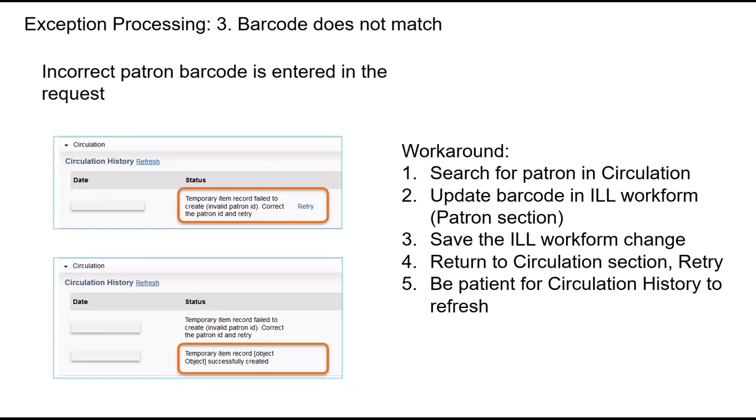If the patron enters their barcode incorrectly and no matching barcode is found in circulation, the integration will fail. Unfortunately, if the patron incorrectly enters their barcode and the mistyped barcode matches another patron barcode, the request will be assumed to be placed for the wrong patron.